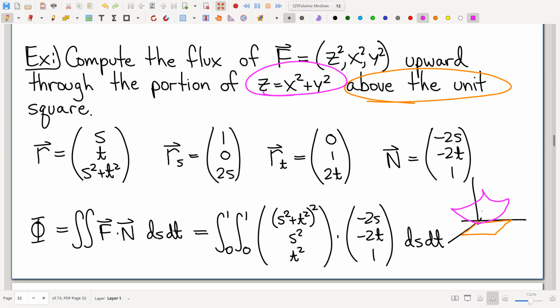Notice on our surface, I can see exactly what x and y are doing. x and y go between 0 and 1. So here's the thing. If x and y range between 0 and 1, and if s and t are x and y, then that means that s and t also go from 0 to 1. What do you think? Everybody follow that?